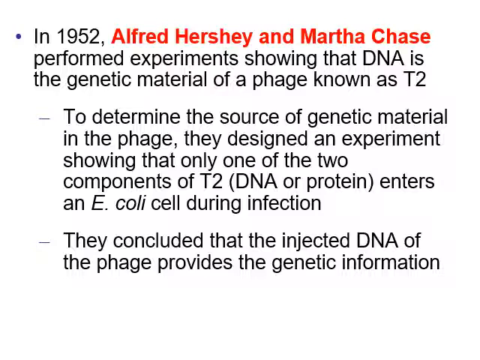So, T2, E. coli. Only two things you need for this experiment. E. coli is just going to be a host, okay? T2 is what's going to infect the E. coli.